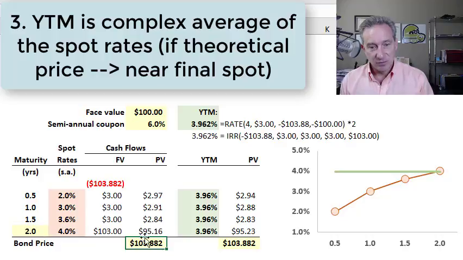So here, if I'm using the theoretical bond price, my yield to maturity is going to have to be between 2 and 4, and it's going to be closer to the 4%. Again, yield to maturity is also a complex weighted average of the spot rates, a single number that impounds all the information of the spot rates.